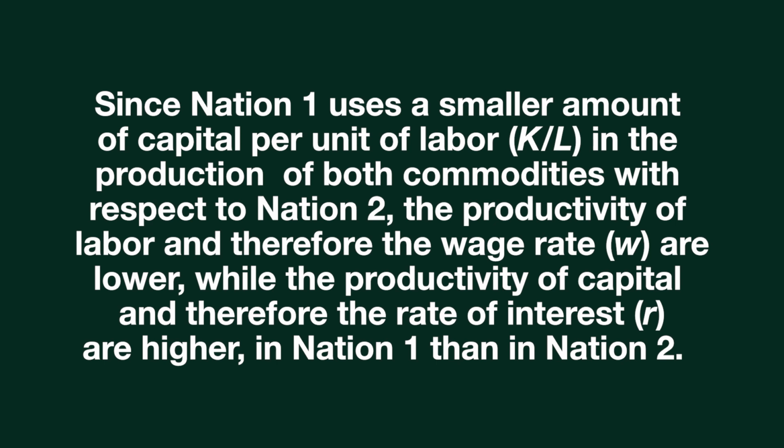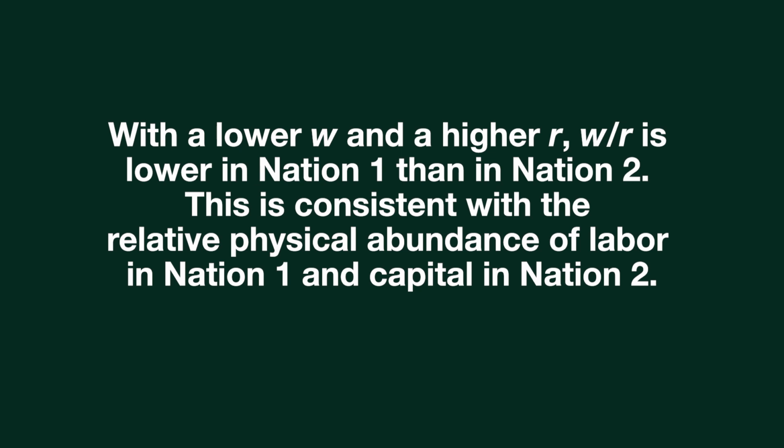Now, this happens when the production function is homogeneous of degree 1. Now, with lower W and a higher R, the W by R ratio is lower in nation 1 than in nation 2. This is consistent with the relative physical abundance definition of labor in nation 1 and capital in nation 2.